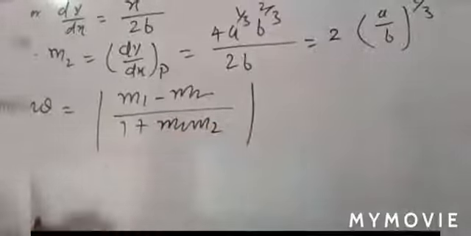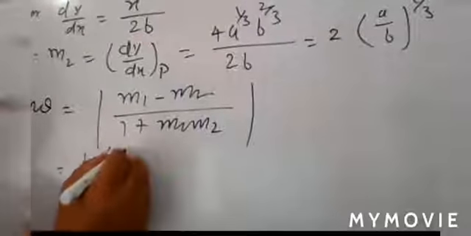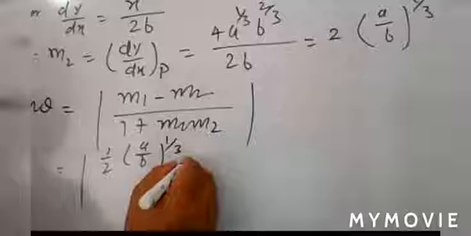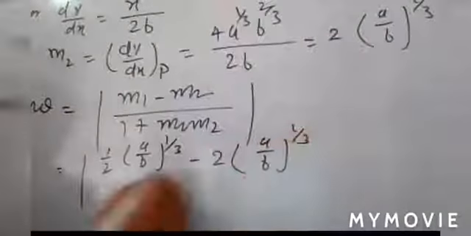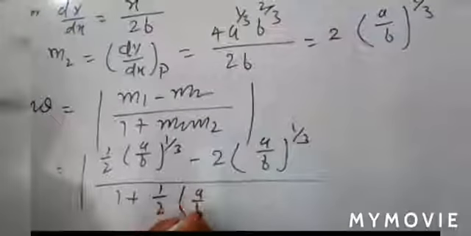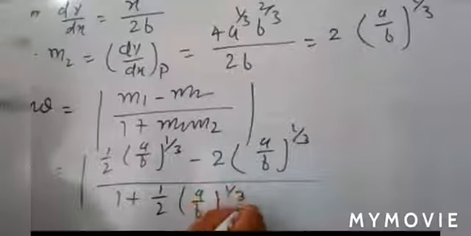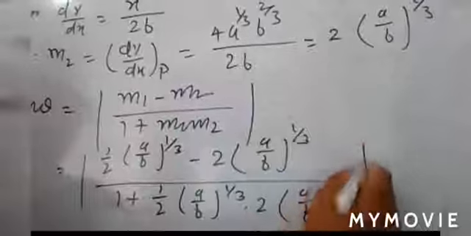You can write it within mod, and so the value of m1 is 1 upon 2 into a by b whole power 1 by 3 minus 2 times of a by b whole power 1 by 3, whole divided by 1 plus 1 by 2 a by b whole power 1 by 3 into 2 times of a by b whole power 1 by 3.